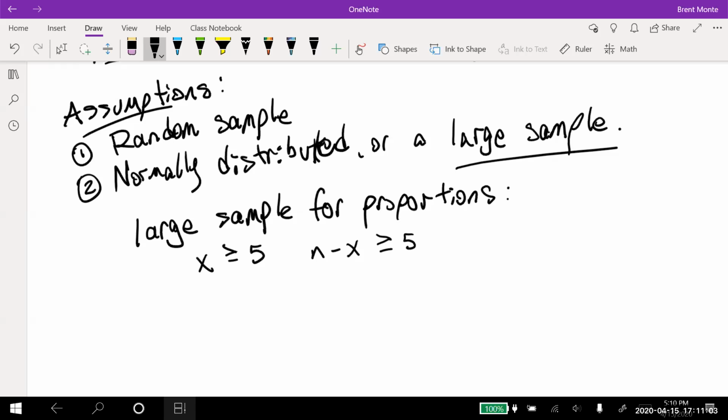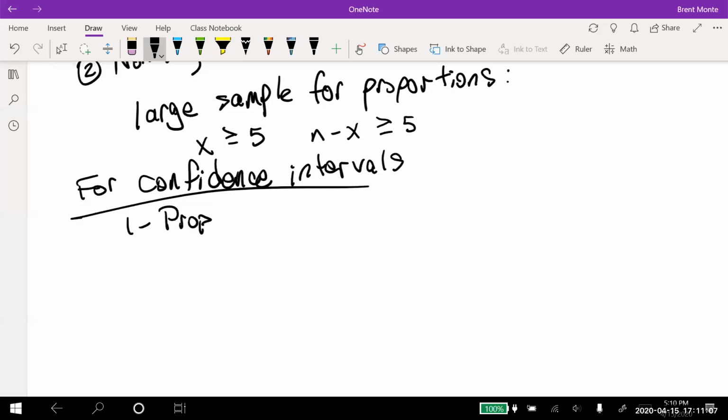It's a one prop z interval. And so that's all we're going to do. Calculator, I'll show you how to do that in just a minute. But having said that, we are just going to jump in and do a problem. So we've got all the basics of what's going on. So let's go ahead and jump into one of these so that we see how this works.